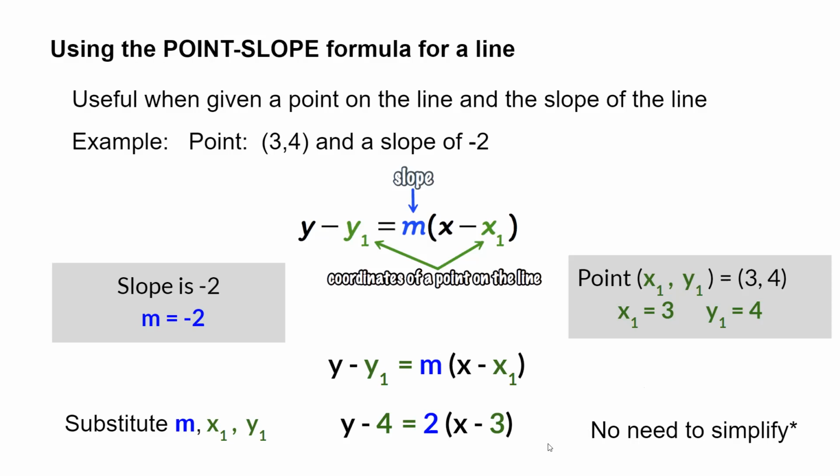But for this particular problem, this is the answer that we would be looking for because they want us to demonstrate that we're able to use this point-slope formula to generate an answer that's in the point-slope format.